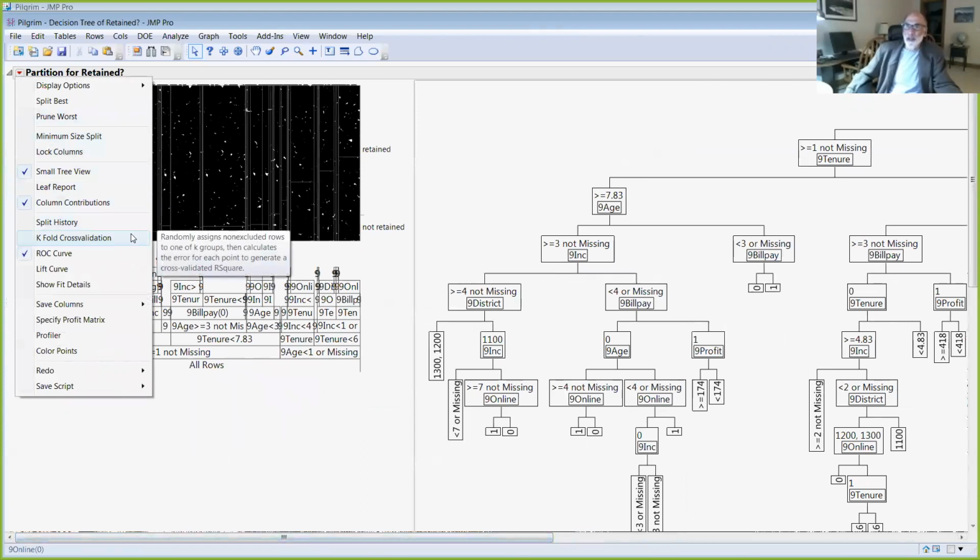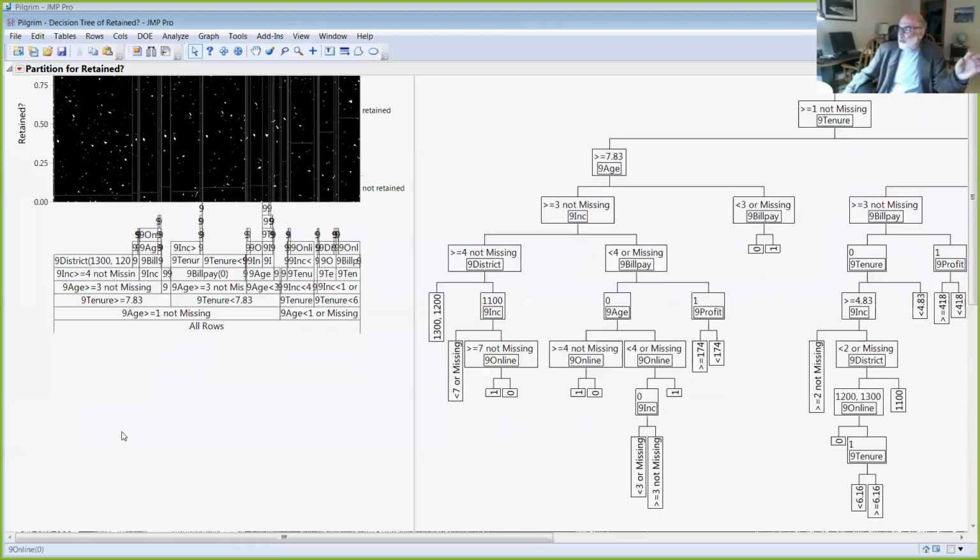I think what I would look at next is, let's see if I have the confusion matrix. You want to have ROC curve checked. I've set that as a platform option so that it's there.